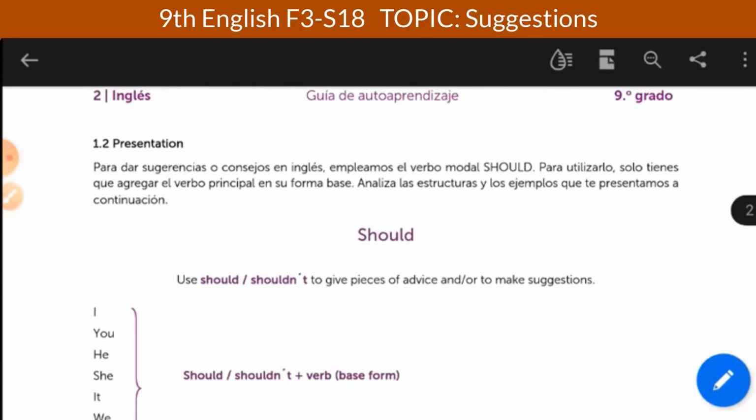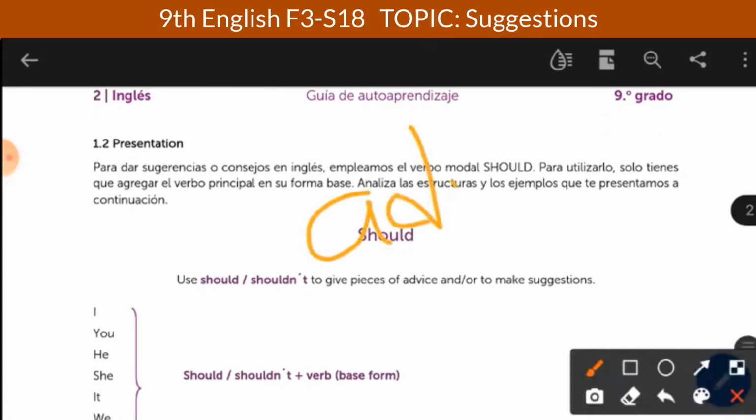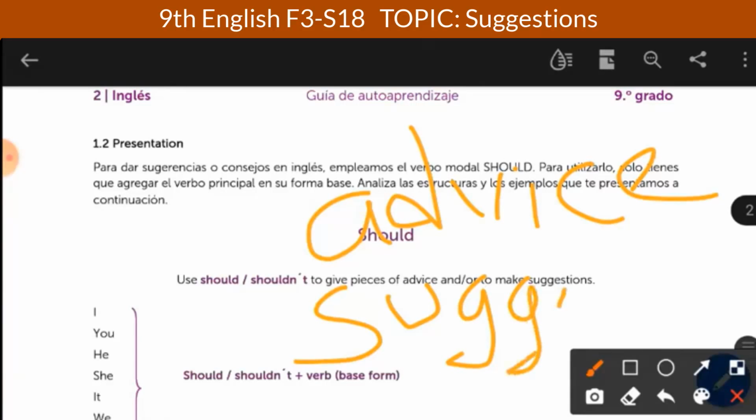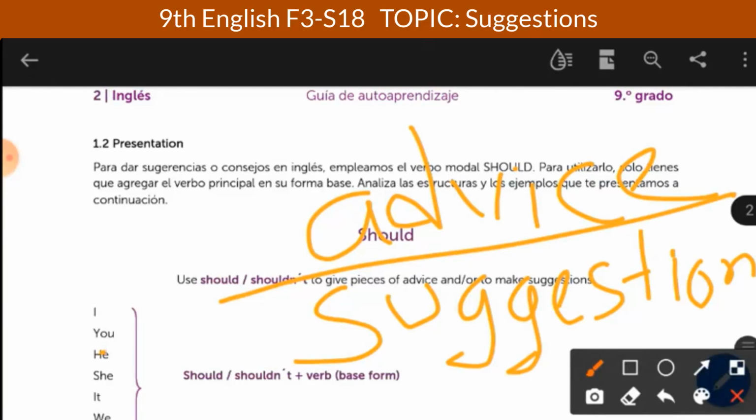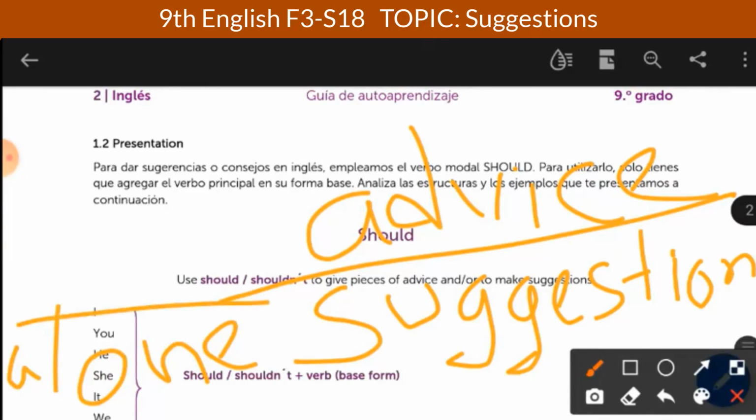Antes de continuar, advice, yes, es lo mismo que decir suggestion, okay? Pero hay una diferencia. Tú puedes decir one suggestion o también puedes decir a suggestion, una sugerencia. ¿Ok?